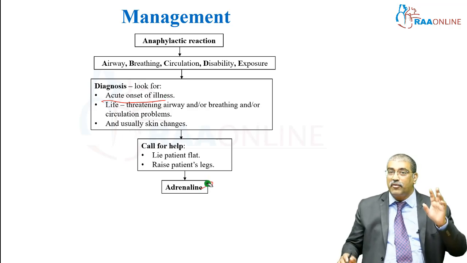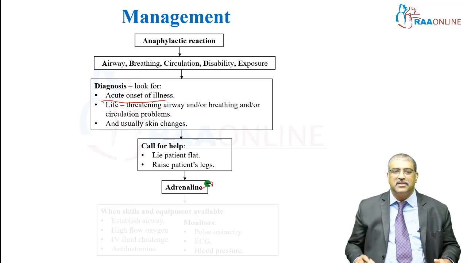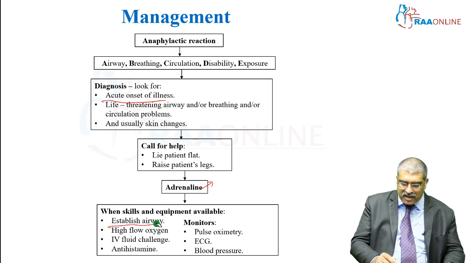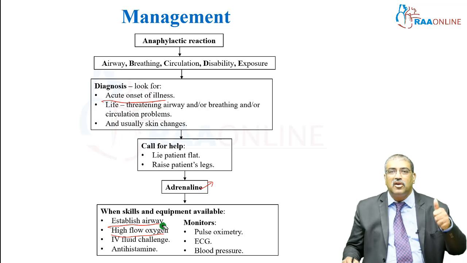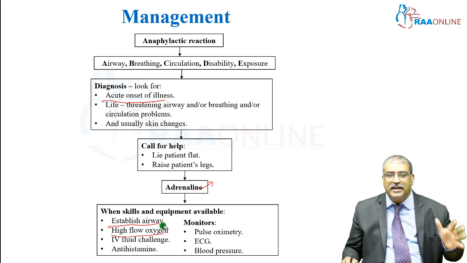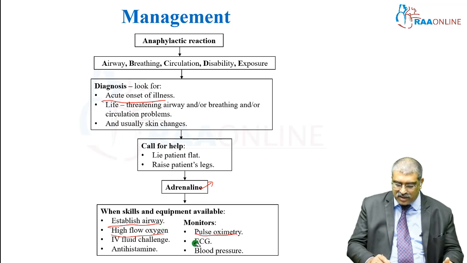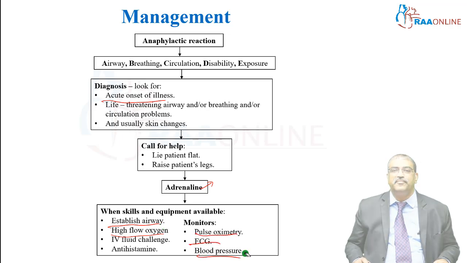IV adrenaline, likewise a physician opinion, IM adrenaline can be given by paramedics. Then if skills and equipment are available, you establish airway, give high flow oxygen, go for fluid challenge and antihistamine can be tried, and the monitors which should be used are pulse oximetry, ECG and blood pressure.